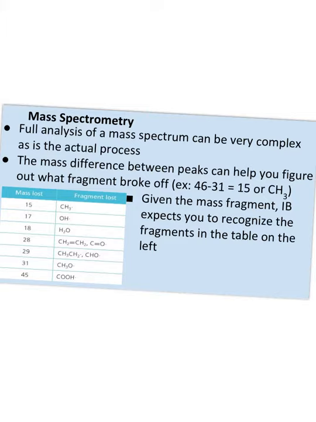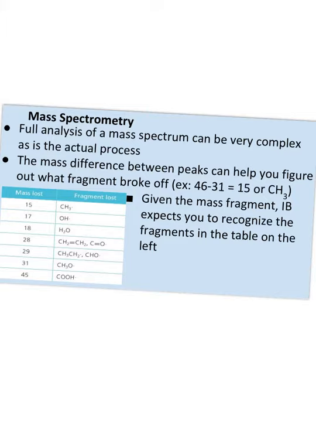Just like 29 could be an ethyl group, or it could be the aldehyde group, a CHO group. And then 31, CH3O, a CH3 with an oxygen single bonded to it, and then 45, the carboxylic acid group, or the carboxyl group, COOH.